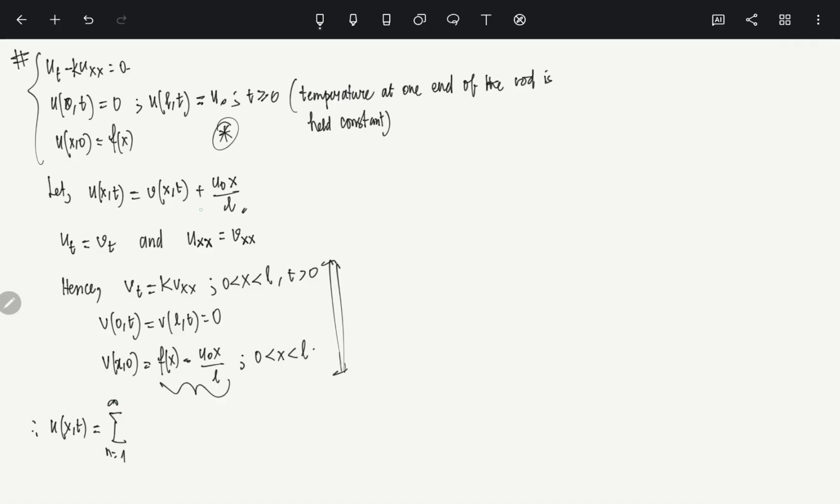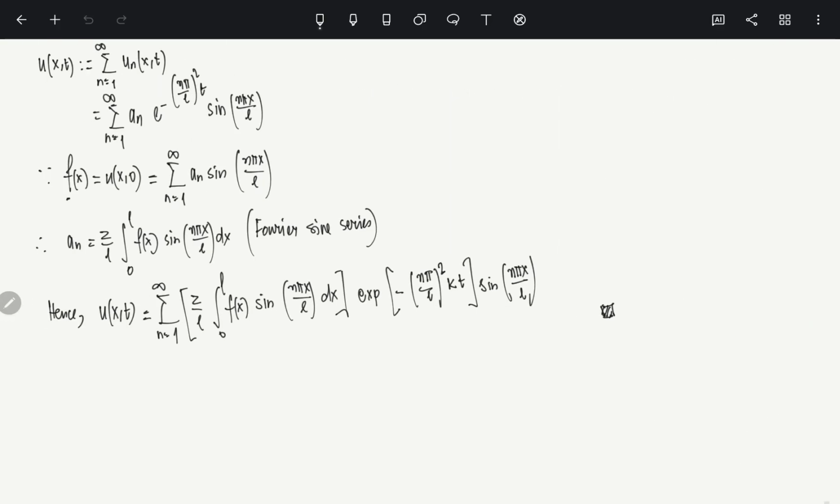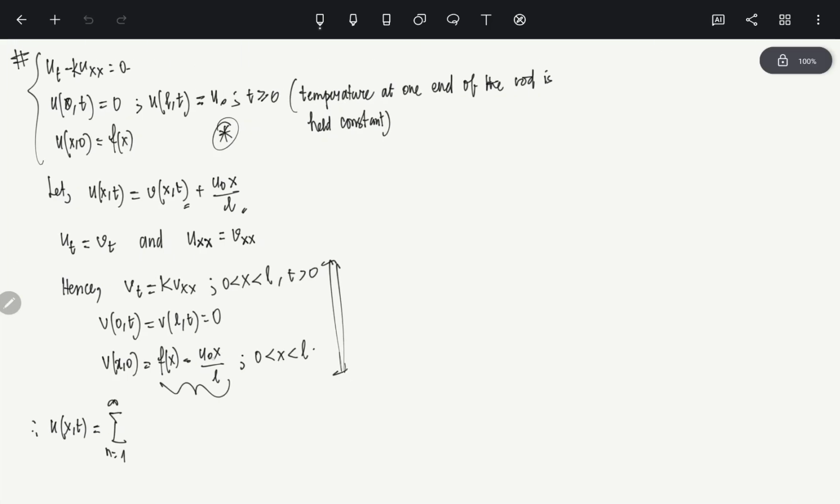V(x,t) is essentially this particular thing, where f is replaced by f minus u naught x by L, and again everything else is the same. So it becomes 2 by L, integral from 0 to L of f(tau) minus u naught tau by L.